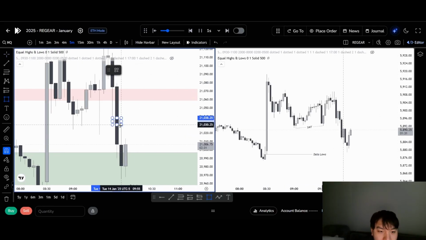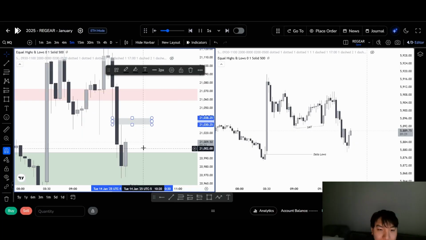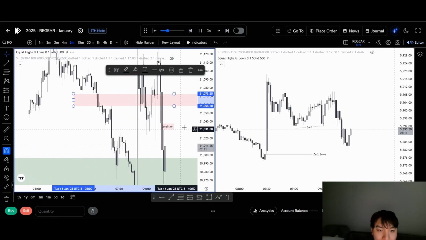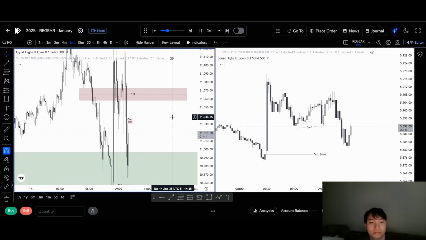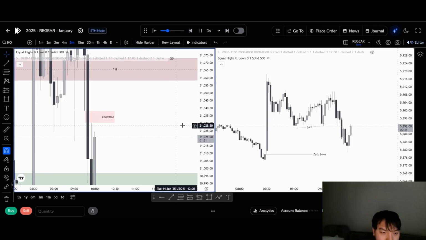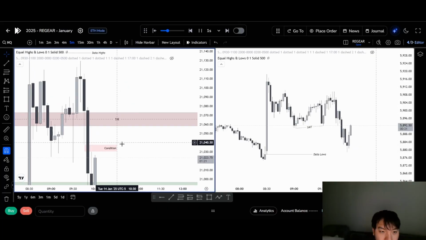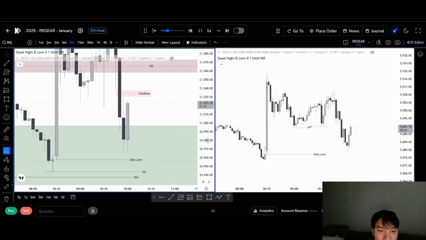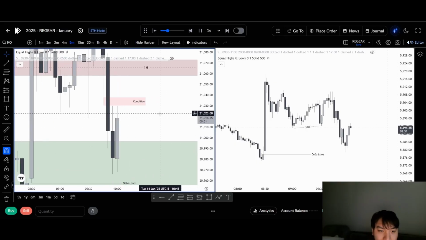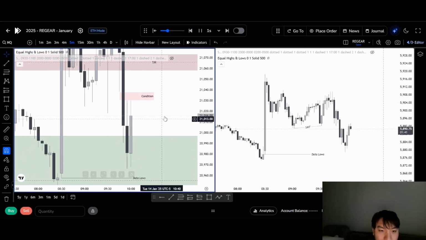We left this 15 or this 5, so I'm gonna use that as my condition, because if we respect this or reject off of it, most likely we get continuations towards data lows.